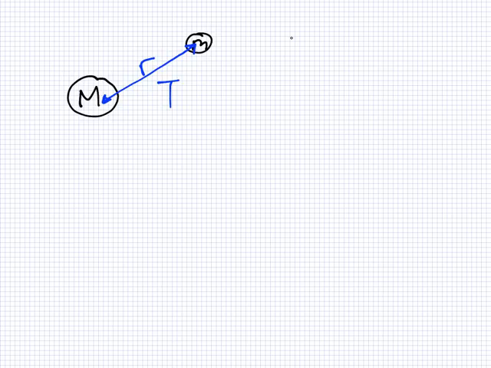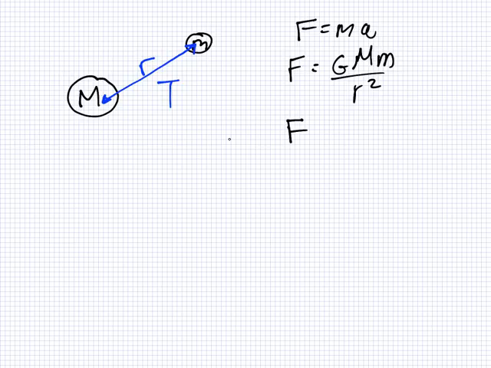From circular motion, we have, from Newton's second law, we have F equals ma. That's one formula we need. But Newton also tells us F equals GMm over r squared. And also from circular motion, F equals m omega squared r, and T equals 2 pi over omega.